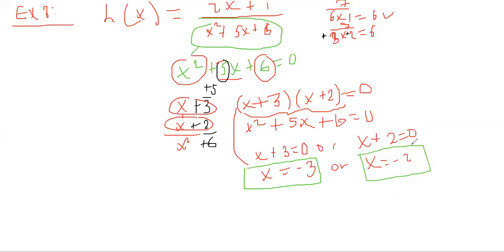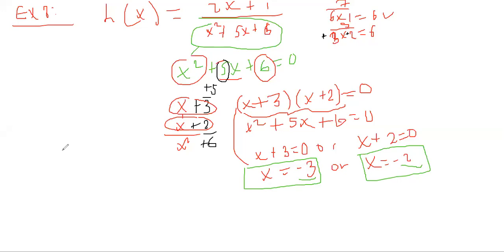If you substitute -3 here, it will make this 0. If you substitute -2 here, it will make the denominator 0. And division by 0 is not allowed. So we have to exclude -3 and -2 from the domain of function h.